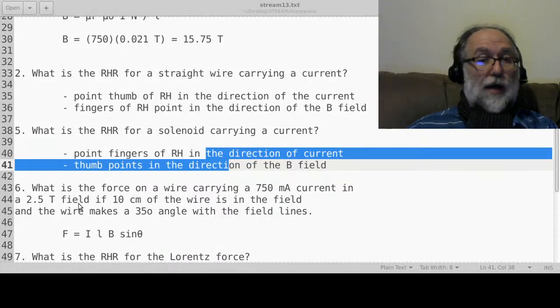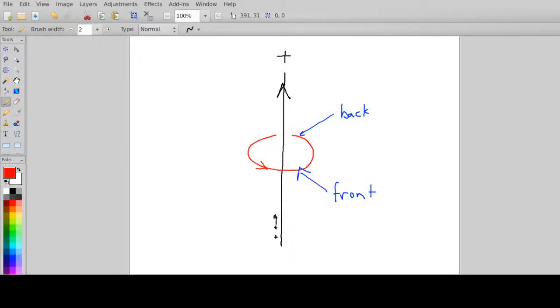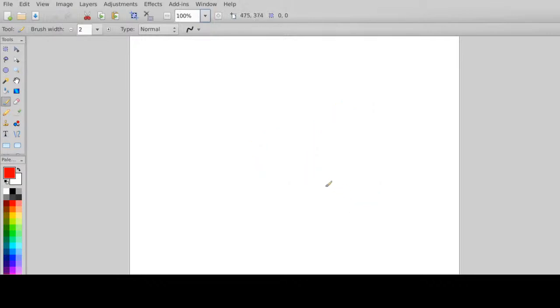Okay, let me draw that for you. All right, so over here, let me create another whiteboard. There we go. Now this one's even harder to draw because I've got to draw a coil, and how do you draw a coil in 3D? So there's a wire, and see how it's breaking there? That's the behind.